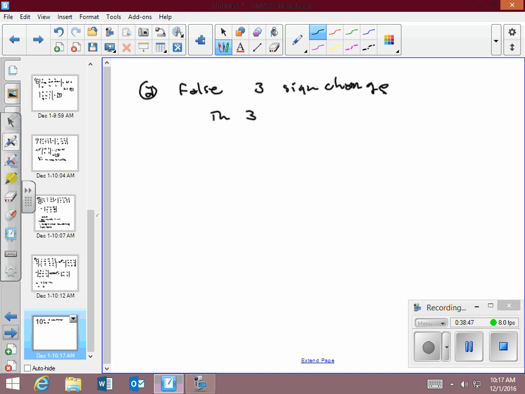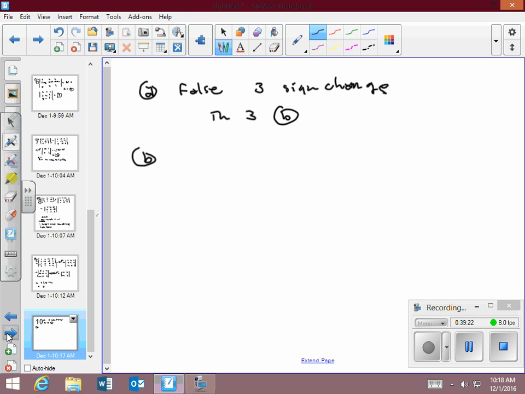And B. So B says the determinant of A is the product of the diagonal entries in A. Well, you have to have it as a triangular matrix. If you can't just take it times the diagonal without getting zeros in the bottom.